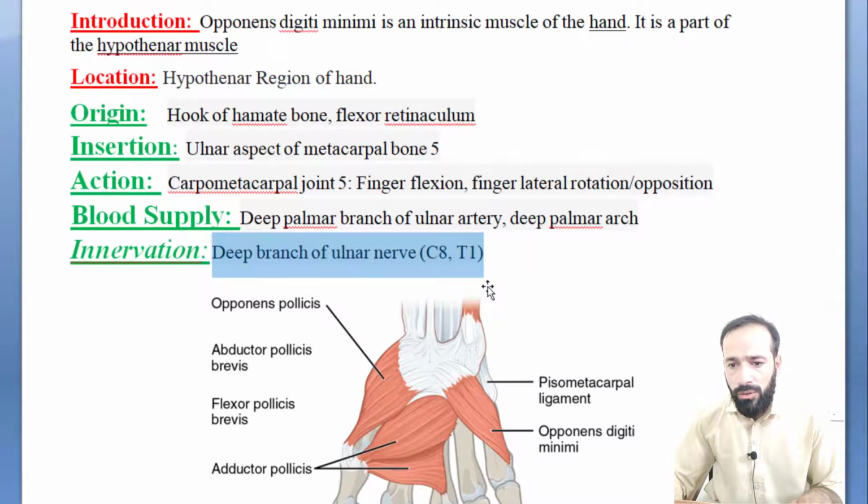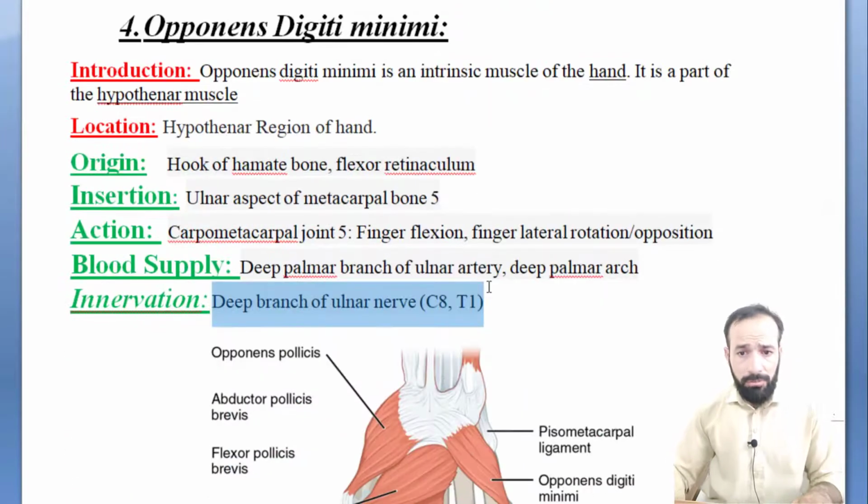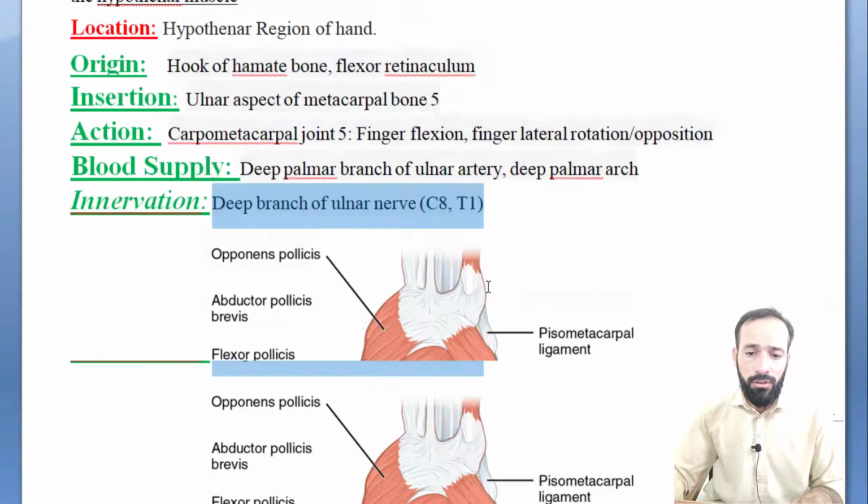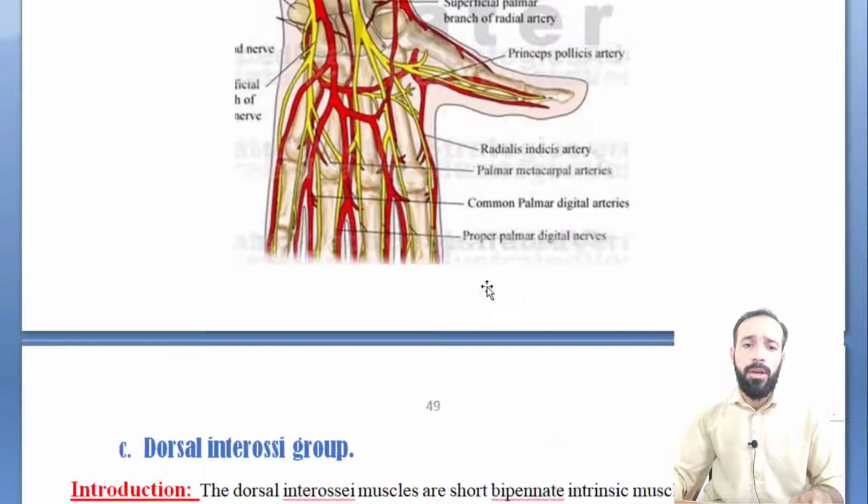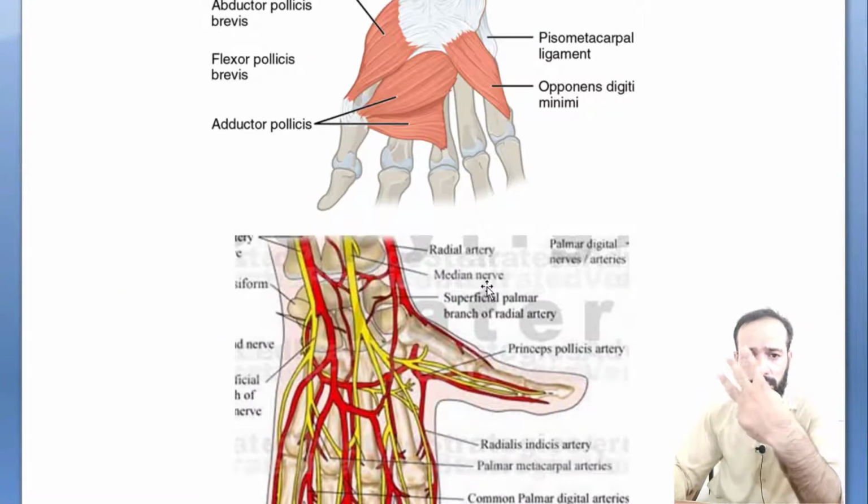Okay, this was about the muscles which are present in the hypothenar region. Now the next lecture will be about three groups of other muscles.